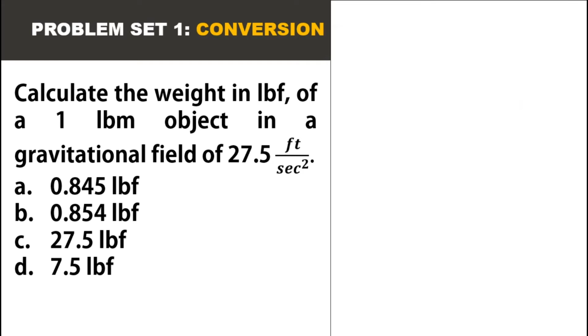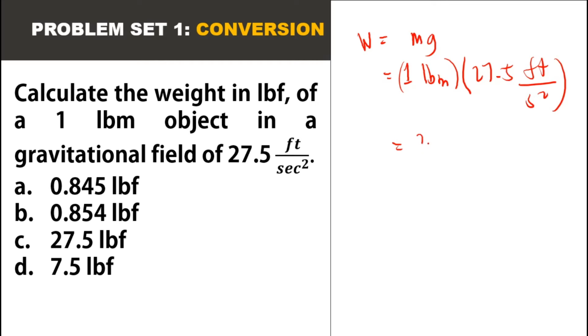Calculate the weight in pound force of a 1 pound mass object in a gravitational field of 27.5 feet per second squared. This will be the application of one of the most important parts of conversion, the gravitational constant. We have the weight, that is mass times the acceleration due to gravity. We have the mass, that is 1 pound mass, with the gravitational field of 27.5 feet per second squared.